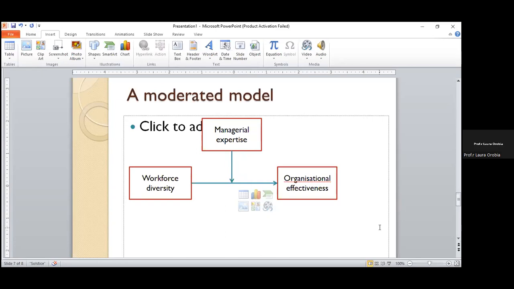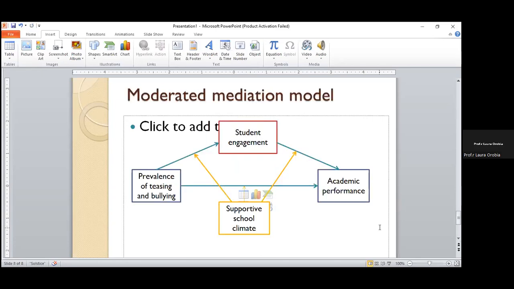Okay, I'm going to show you another one. What about that for the ambitious students? This is a moderated mediation model. The name says it all.